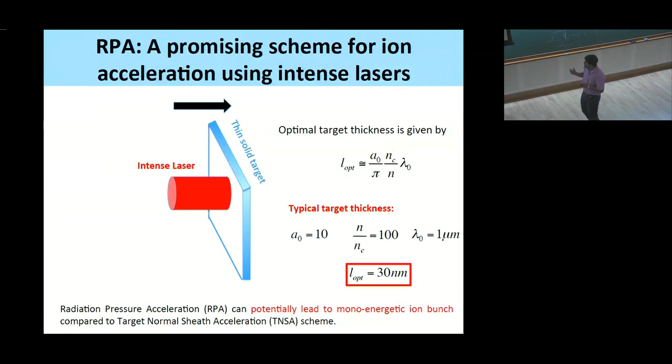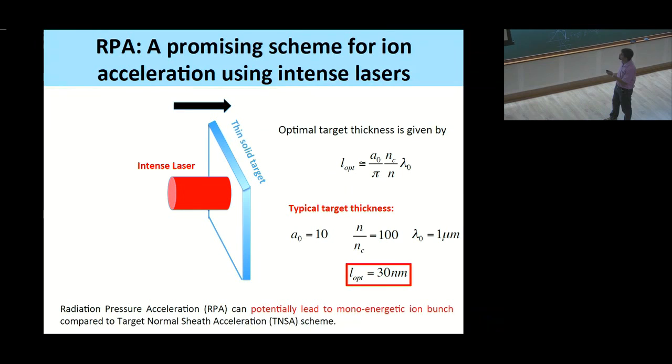So obviously you need an optimal thickness for the target, which depends upon the laser a naught, the ratio of the target density to the critical density, and the laser wavelength. You get this by balancing the electric field with the laser ponderomotive force.